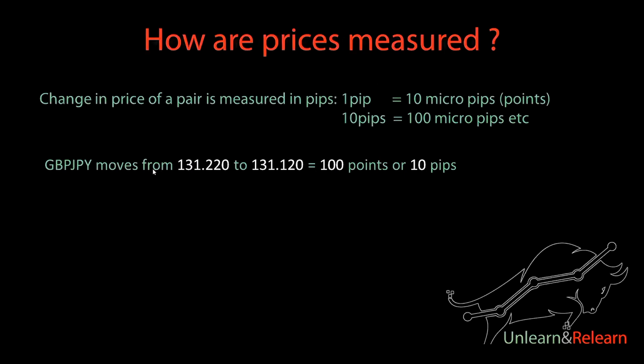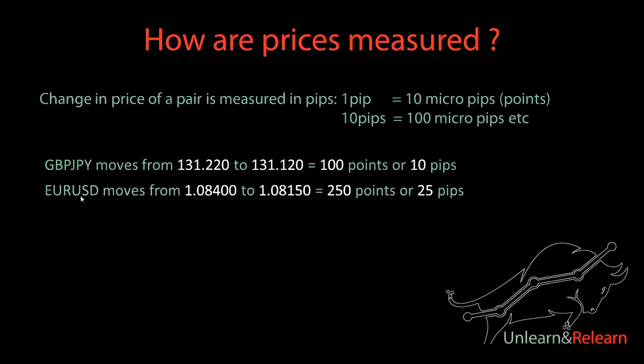But if you had a sell order at 131.220 and price moved to 131.120, you'd be in positive 10 pips. Some people are very new, so this is very important. This is how you measure pips: you subtract the numbers, get the 100 points, and divide by 10 to get 10 pips.